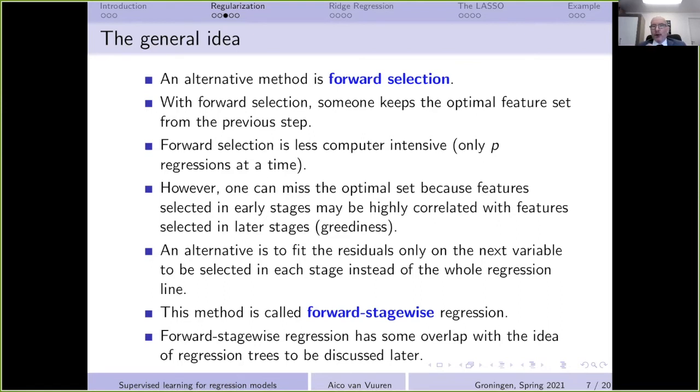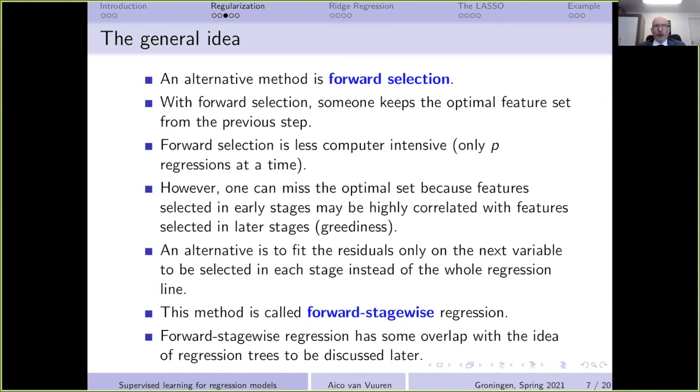But when we go to alpha equal to 2, we only have to do p minus 1 different regressions. We only have to look at the remaining features that we have. And we already know that in best subset selection, it was equal to p multiplied by p minus 1.